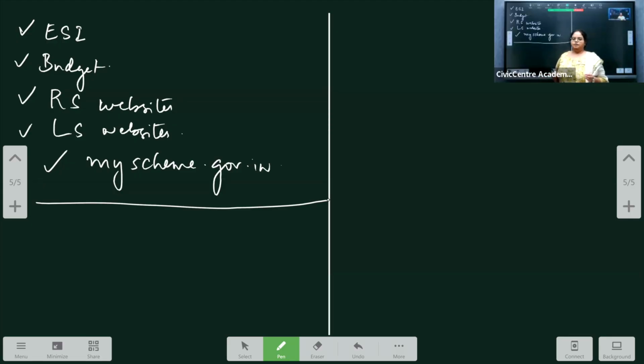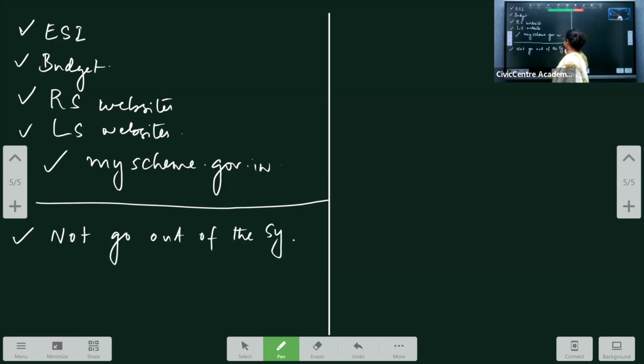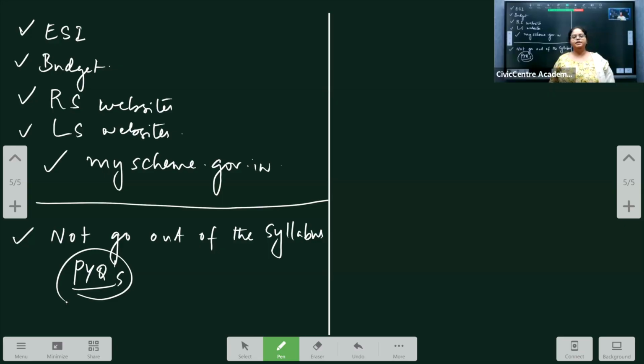After doing this, the major problem for you to understand is to not go out of the syllabus. Now, how will you understand what is under the syllabus and what is out of the syllabus? Again, it can be understood only by analyzing PYQs. You will be able to understand what is inside the syllabus, what is outside the syllabus, which kind of subjects are asked in depth.